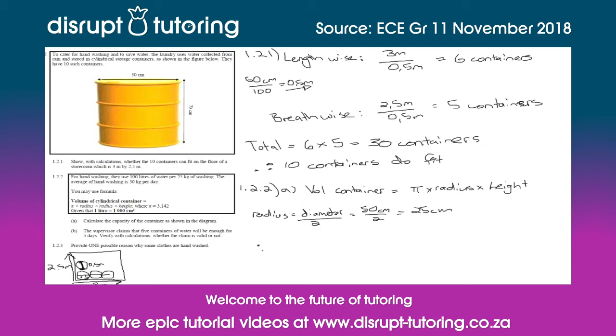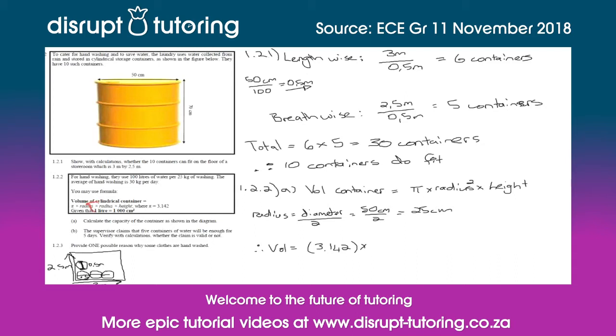So then our volume will equal, substituting in, they say we must use 3.142 for pi. So it's going to be 3.142 multiplied by your radius, and I have made a mistake here in that this is actually radius squared, so don't forget that.